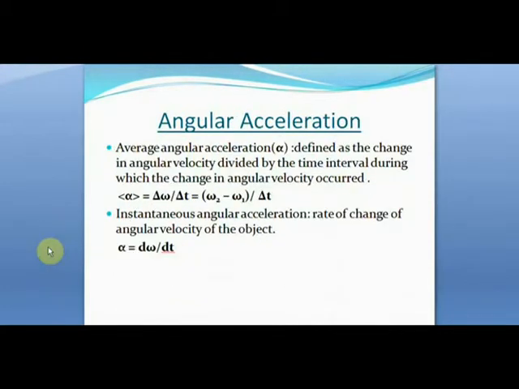Similarly, we can define angular acceleration. Angular acceleration is denoted by alpha, and average angular acceleration is defined as the change in angular velocity divided by the time interval during which the change has occurred.